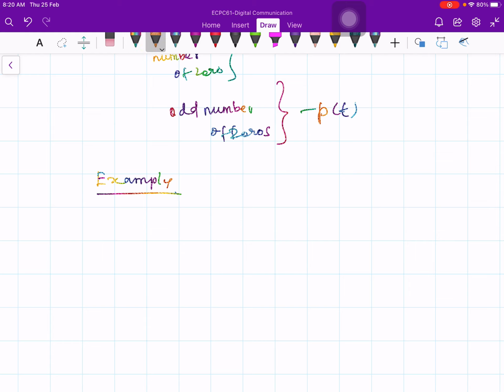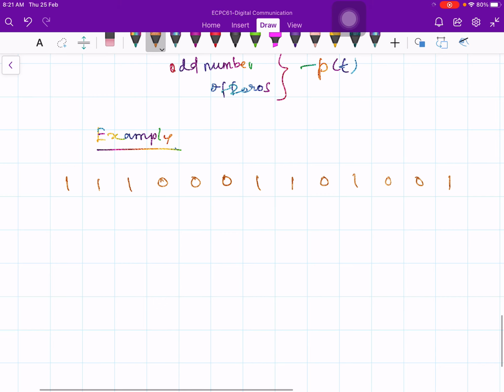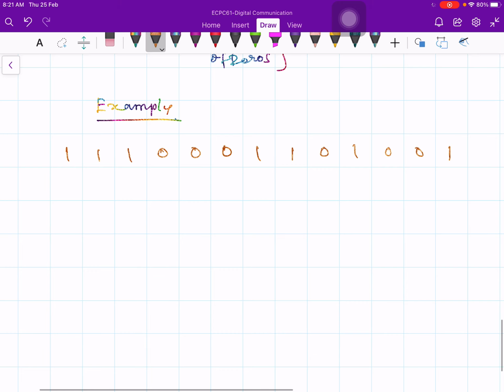Let's say triple 1, then triple 0, and then 1 1 0 1 double 0 1. Let's say this is my transmitted sequence, and then we want to transmit it on the channel. Now let's say this is my interval length.